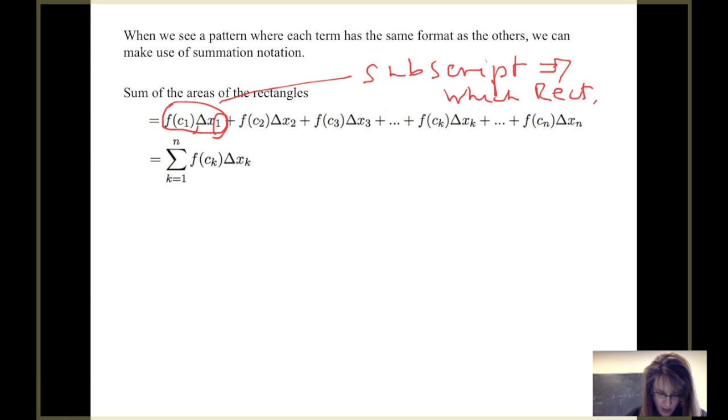Our subscripts start at 1, meaning our first rectangle, and they end with our nth rectangle. So this tells us where k starts, where we end, and the form for the terms that we're adding.